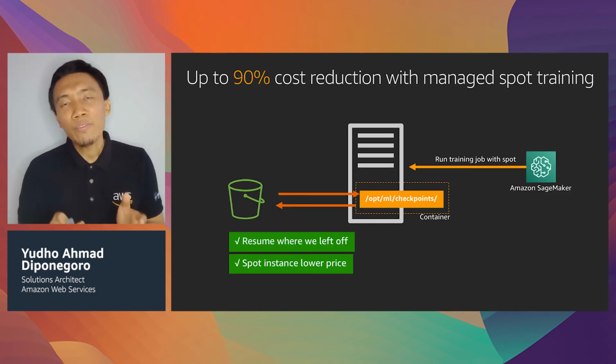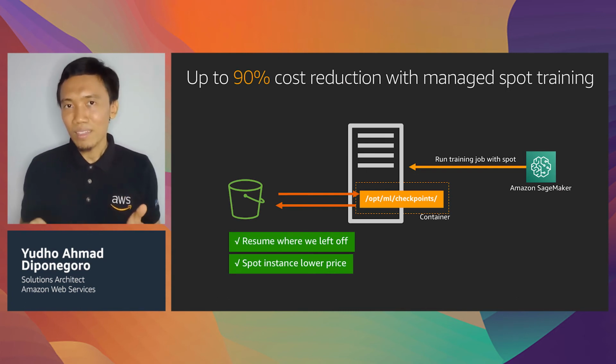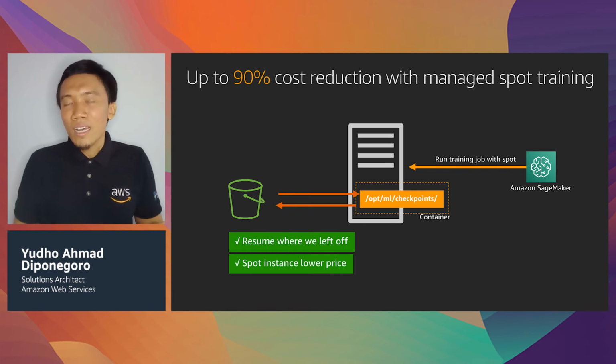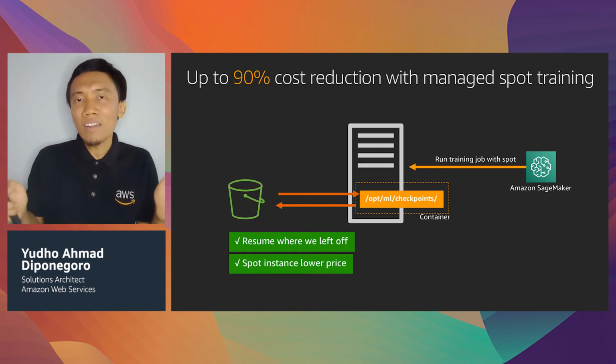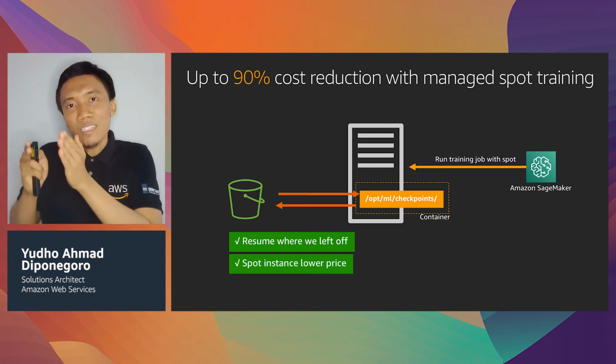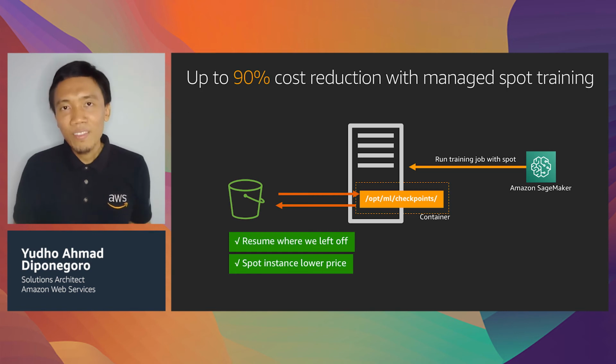Probably some of you have questioned: I heard that Spot instances can get interrupted because they are based on supply and demand. What if I have a training job that needs 100 epochs, and at epoch 99 it just gets interrupted? Do I need to start over from zero again?